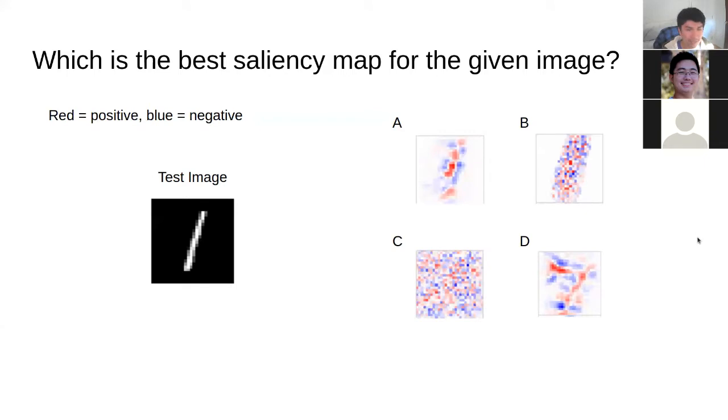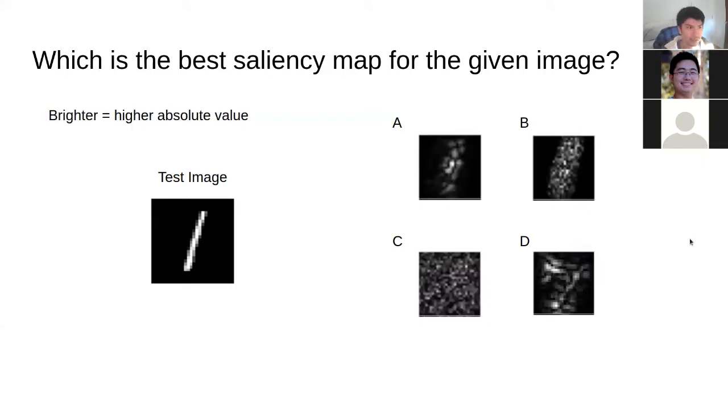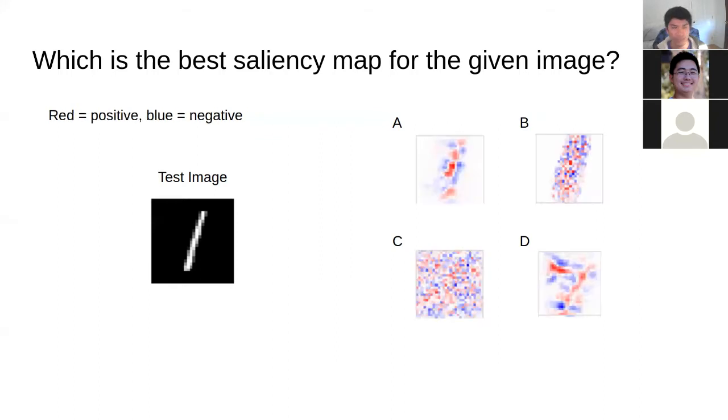And so here on the second slide, I showed the same maps, but the difference between these two is that in the first one, I took the saliency values and just absolute valued them. So this is just the magnitude of all the saliency values, and that produces a grayscale saliency map. Here we show a little bit more information.